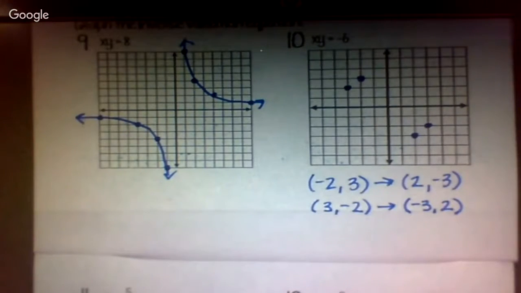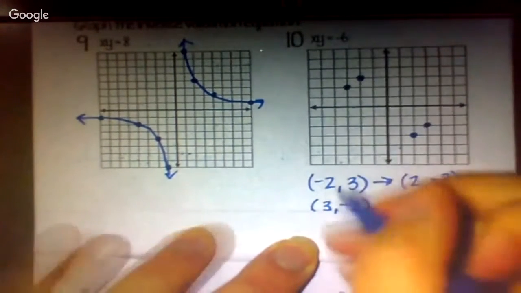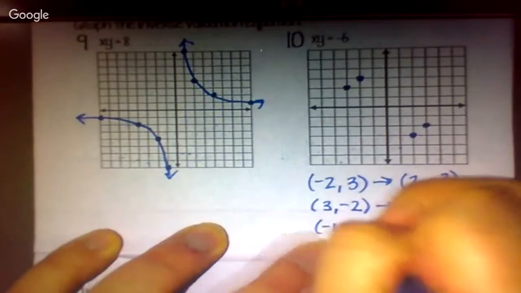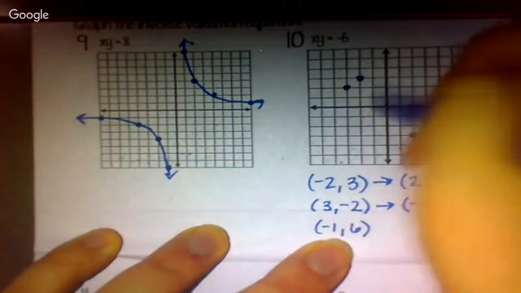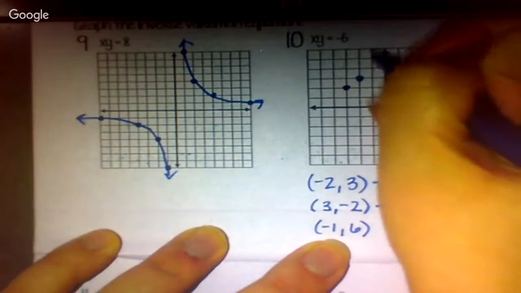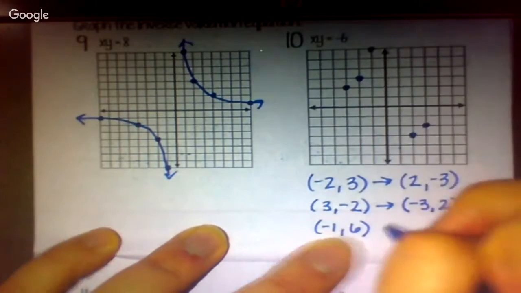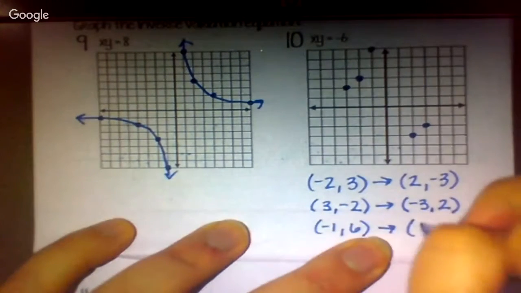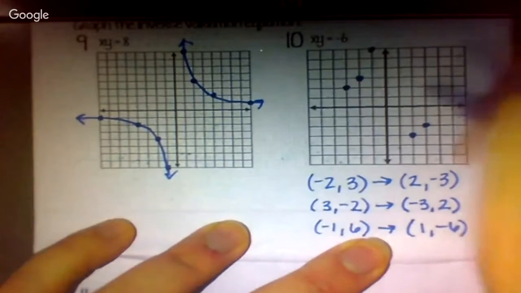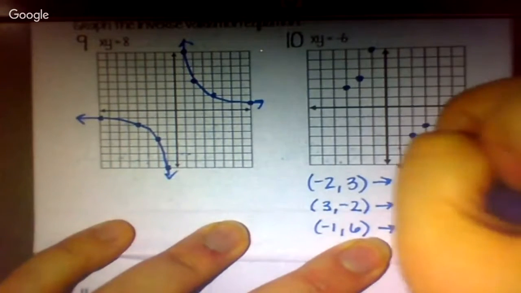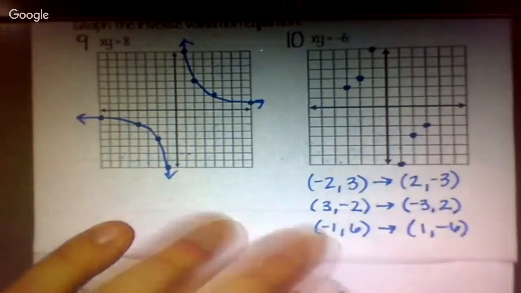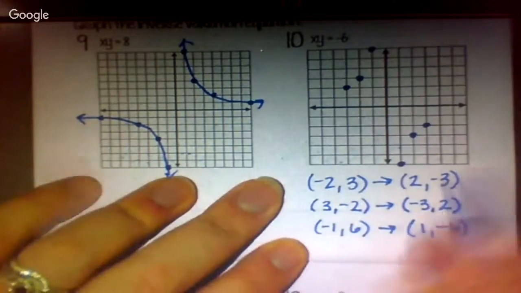What other two numbers multiply together to give me 6? 1 and 6. And again, because this is negative, I've got to do -1 and 6. Which means I can flip my signs and do 1, -6. And I can also switch up my numbers.